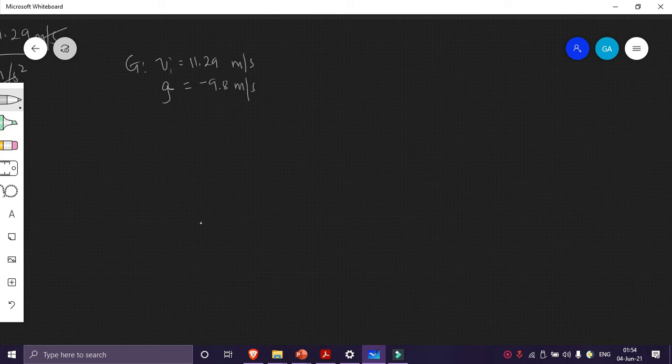And yung ating time, which is 1.15 seconds. Yun yung nakuha natin kanina from the first question. Then we are required to find the displacement of the ball. Ang equation natin, hindi kailangan ng Vf. So, Vf is not needed.